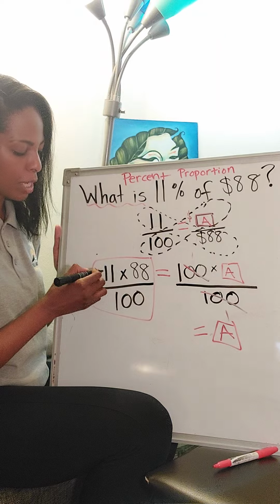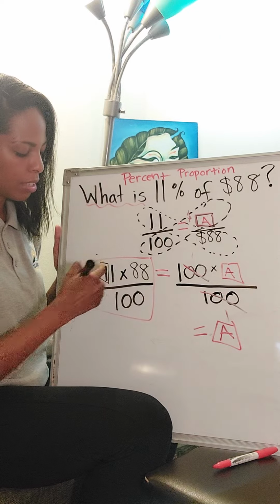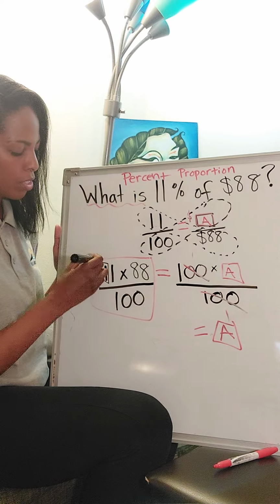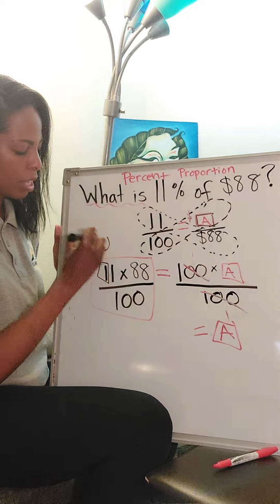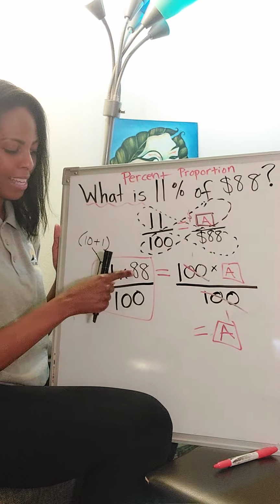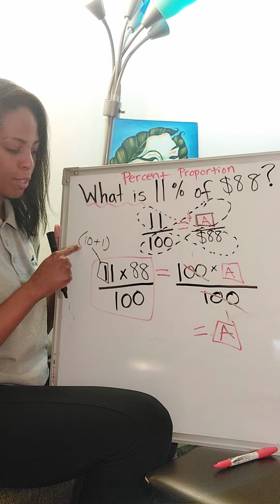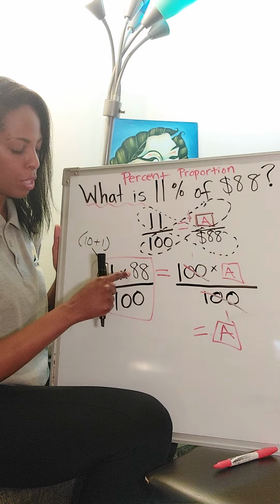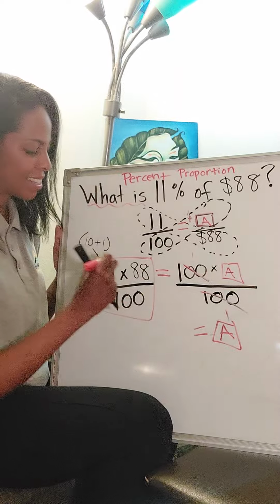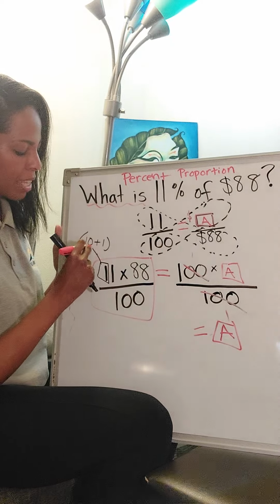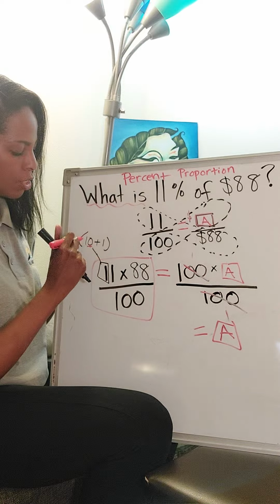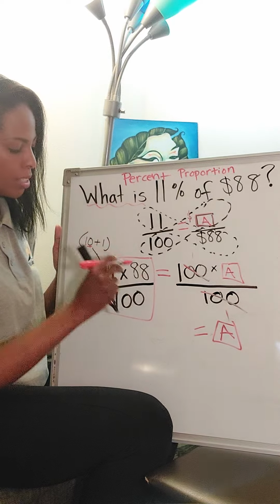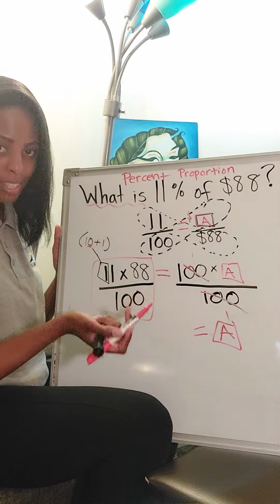Well, 11 is made up of one 10, right, and a 1. So here's my 10, and here's my 1. I'm going to multiply 88 by the 10 first. And we know from yesterday's lesson, when you're multiplying by a 10 or a number with a 0, you just multiply the digits that are not zeros first. So the 1 times the 88 is 88.